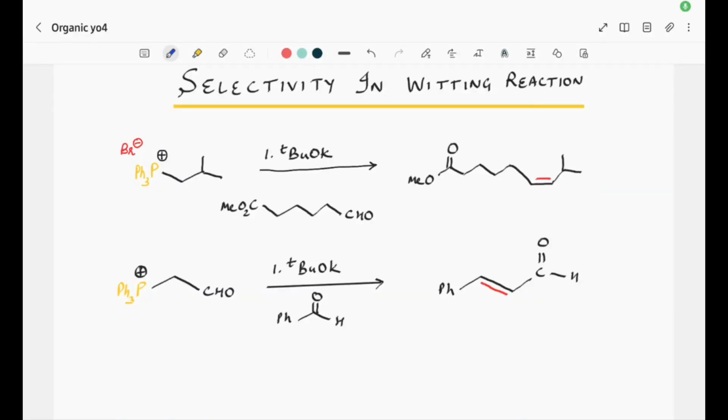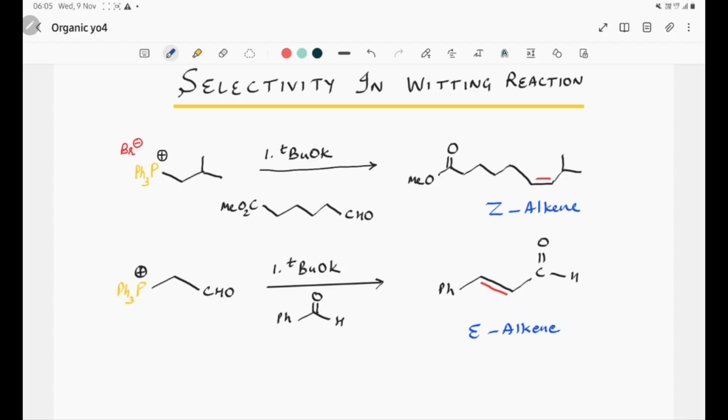Okay, now let's discuss the selectivity in Wittig reaction. So if you look at both these reactions, in the first reaction a Z alkene is formed, whereas in the second reaction E alkene is formed as the product.